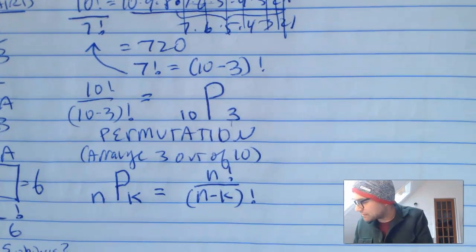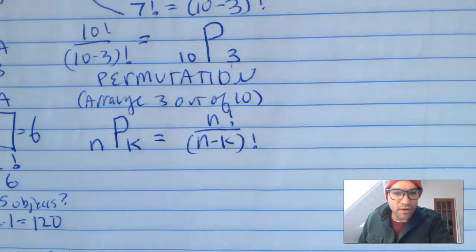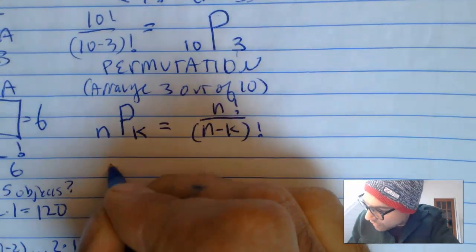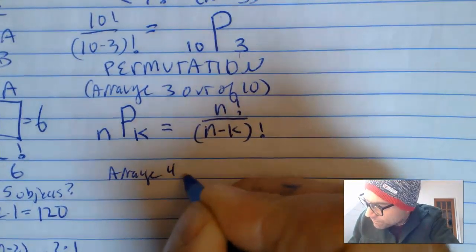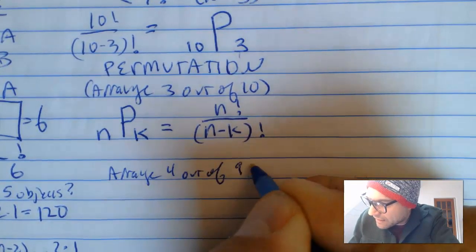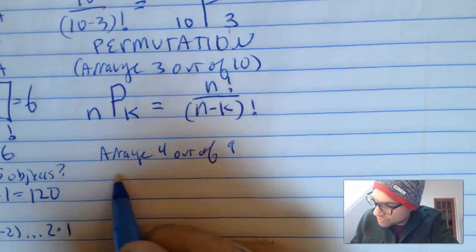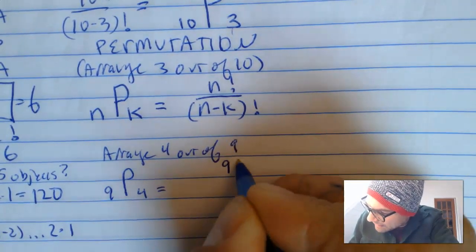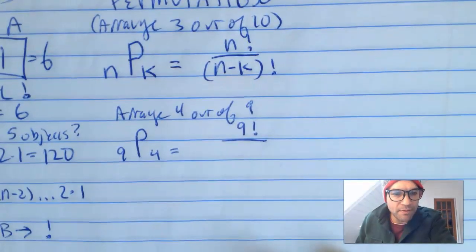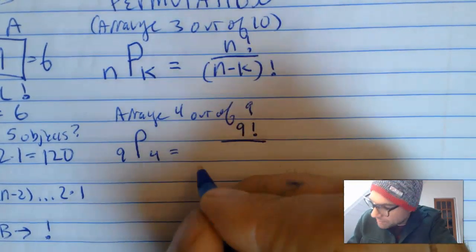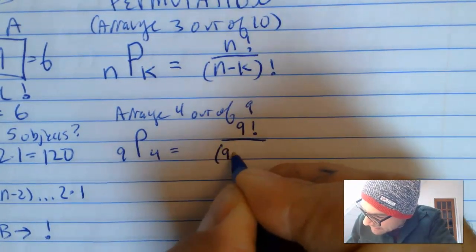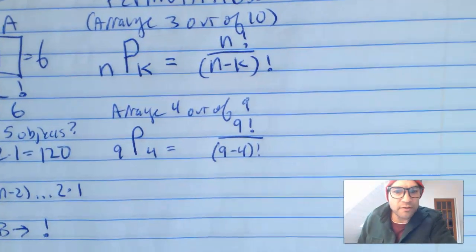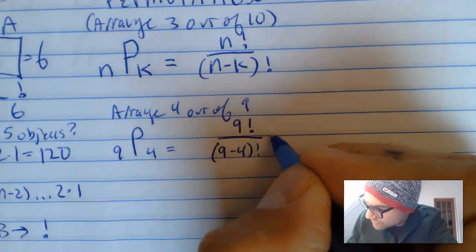And I can give you an example right now. Suppose I wanted to arrange 4 out of 9. Well, here I'm going to do 9 pick and arrange 4. I'll put my 9 factorial up top, and on the bottom will be n minus k, 9 minus 4 factorial, which gives me 5 factorial.